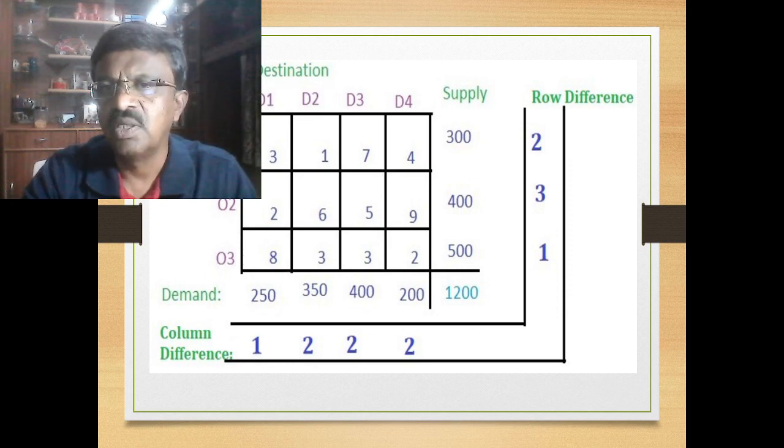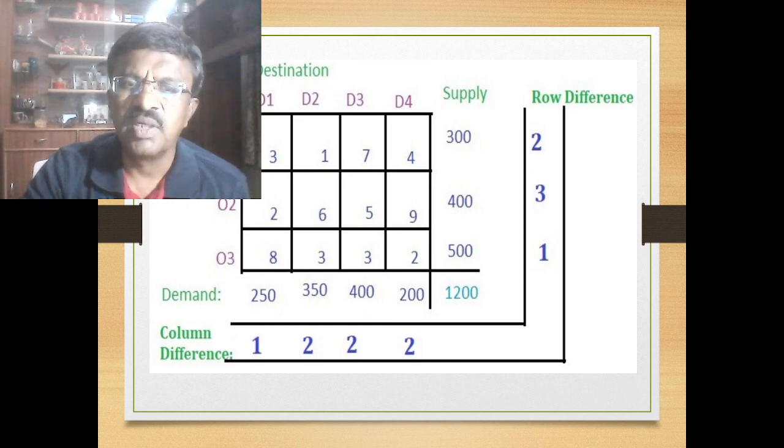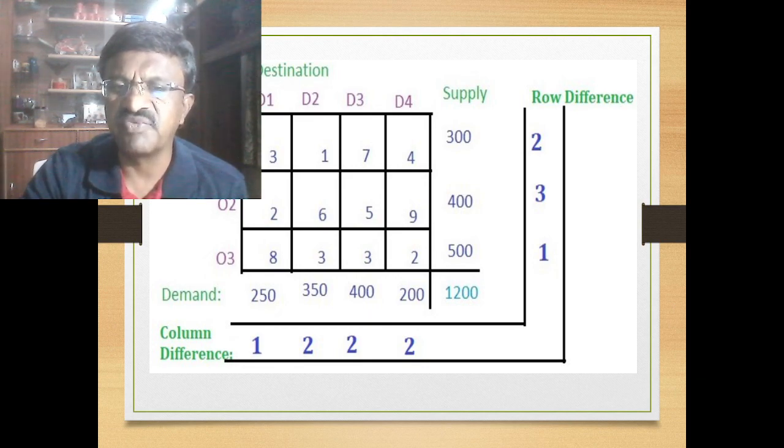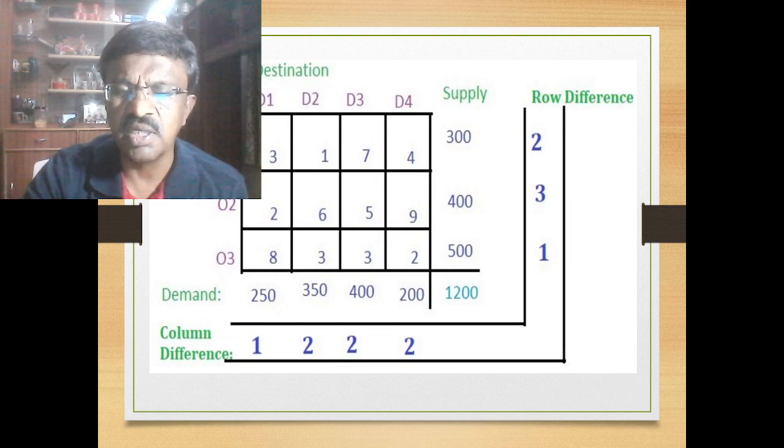Write in the row difference the number 2. Similarly, do it for the other rows: 2, 3, 1. Those are the row differences. Now we determine the minimum and next minimum column wise. In the first column, the minimum is 2, the next minimum is 3, difference is 1. Similarly, we have the other differences 2, 2, 2.